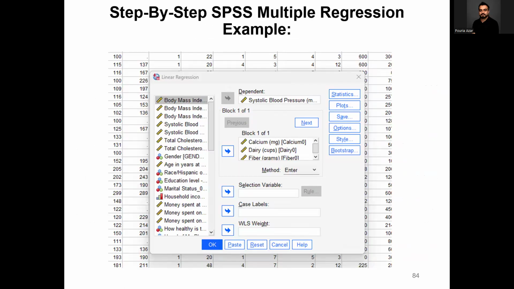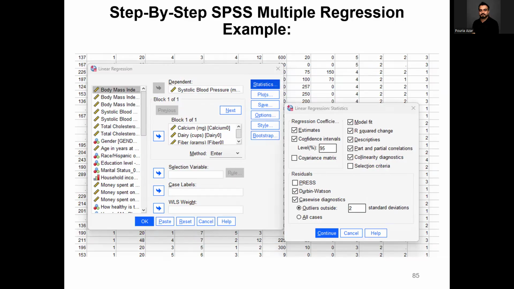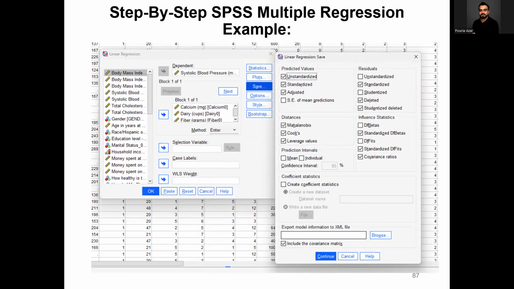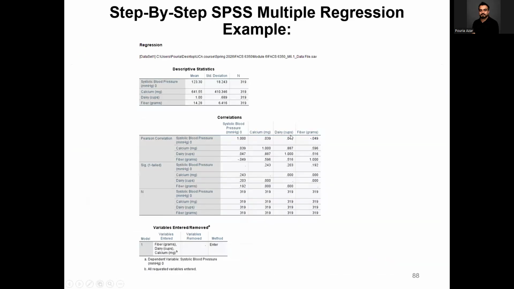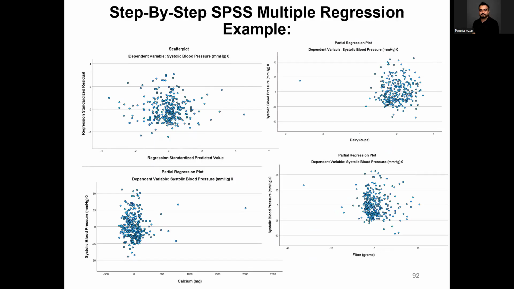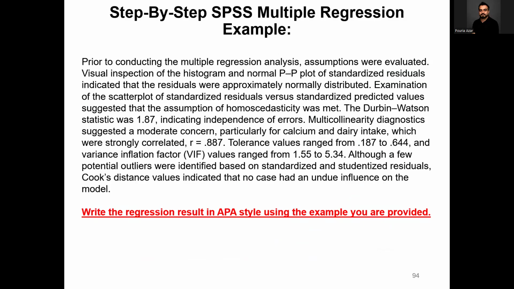I also added dairy here, but I removed it when I was doing the analysis, just keep that in mind. Make sure you check all these boxes when you're doing this, and this is the output I have put here. And this is how to report.